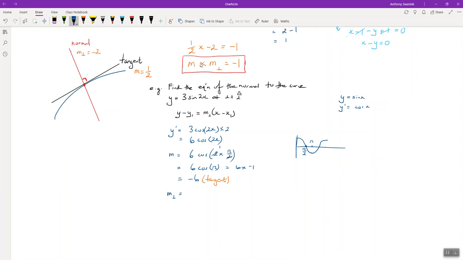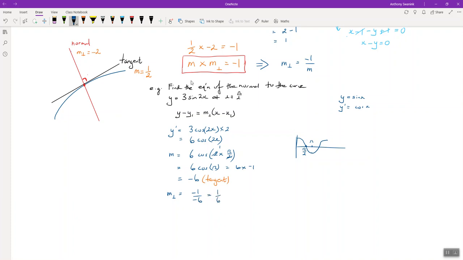Well, to get the gradient of the normal, just follow on from there: the gradient of the normal would equal -1 over the gradient of the tangent. If you move m over to the right hand side, okay, so that's going to give, in this case, -1 over -6, or 1/6.